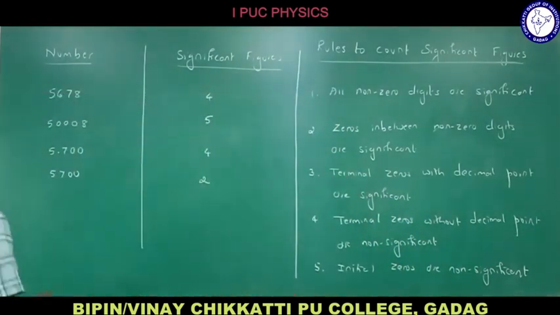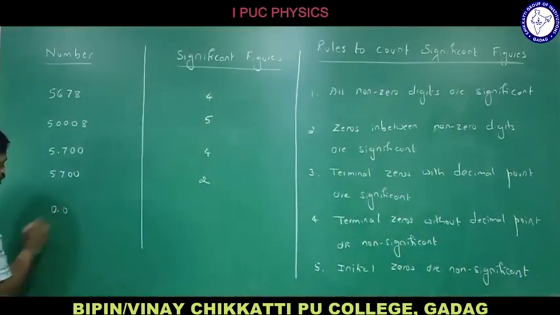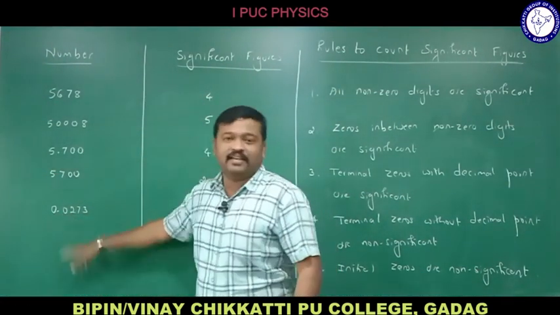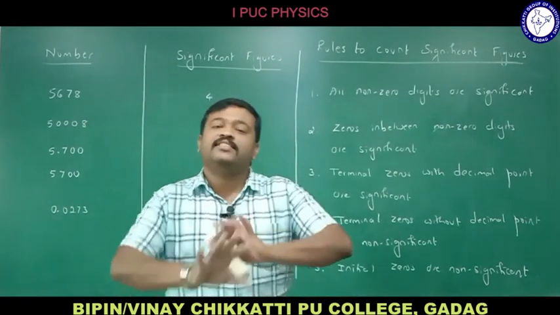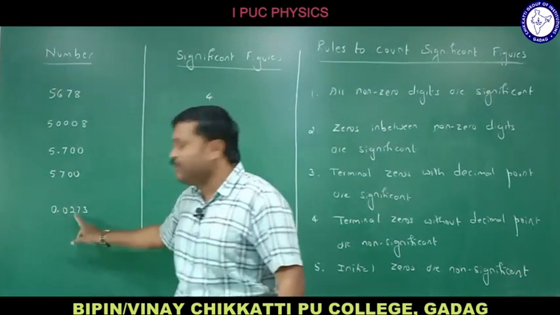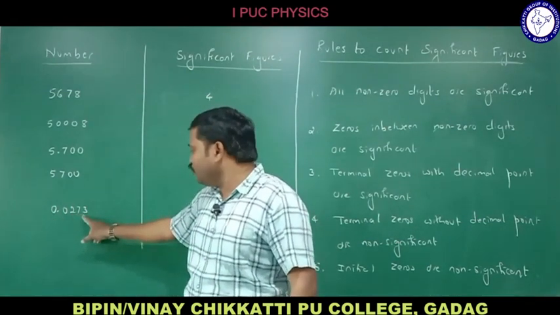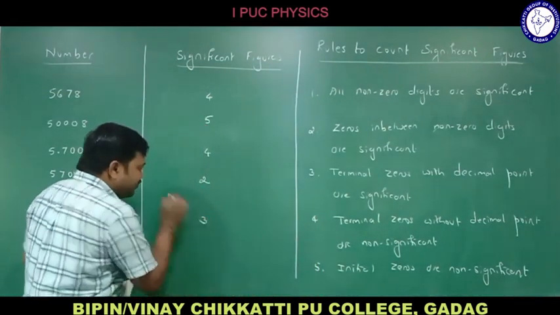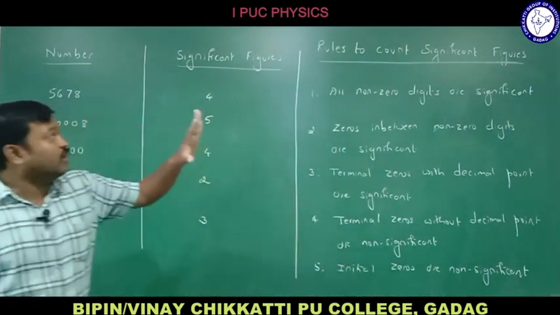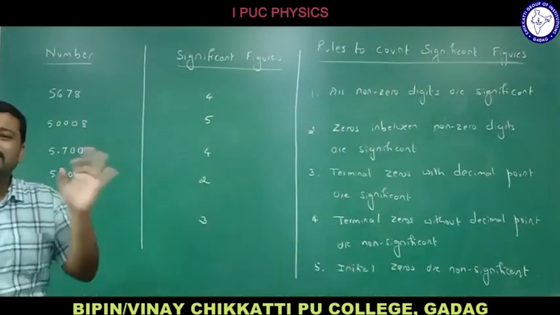The question is like this: if it is 0.0273, how many significant figures are there? These zeros are at the beginning. If zeros are at the beginning, they are not significant at all. So these two are not significant. How many significant figures are there? 1, 2, 3. So 3. Simple.